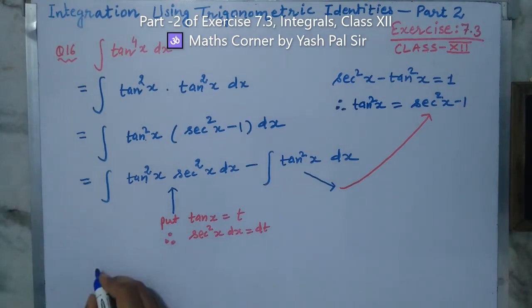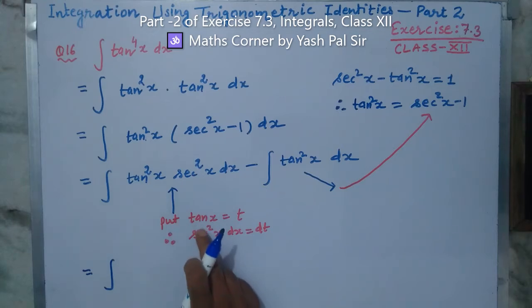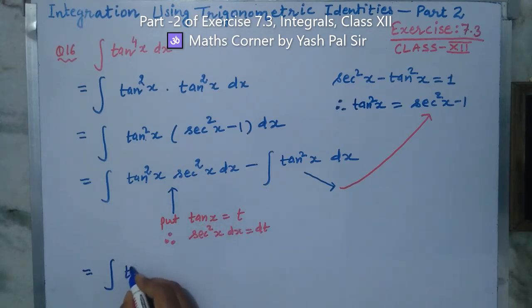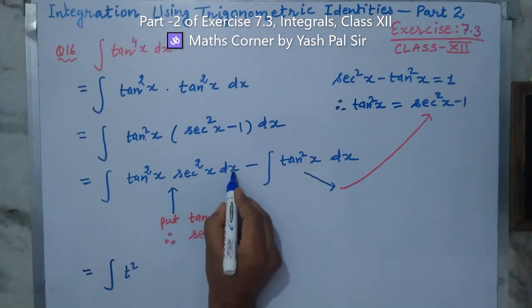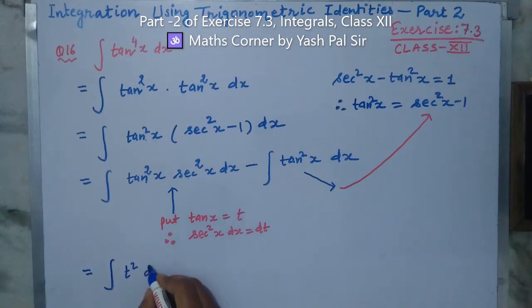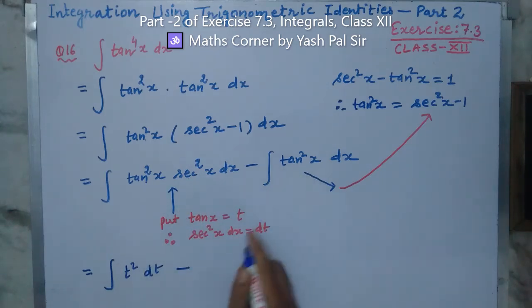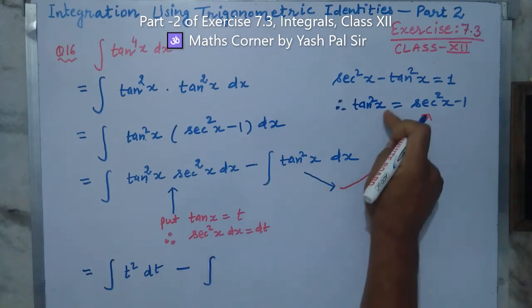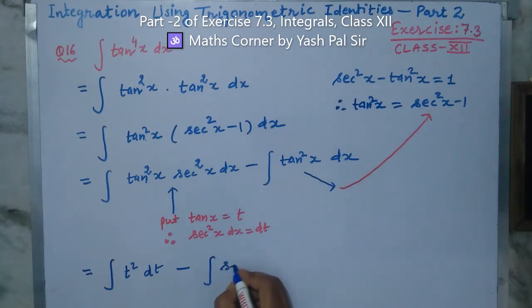So this question becomes, this is equal to tangent square x mean t square, secant square x into dx mean dt for first integrand, minus this becomes secant square x minus 1 into dx.